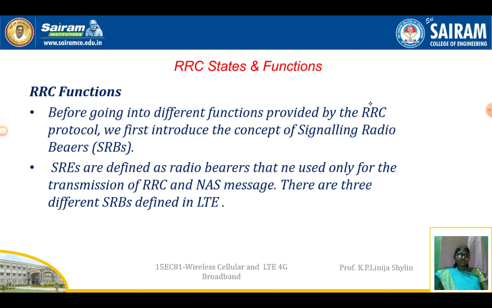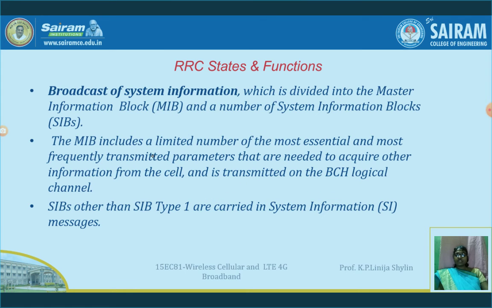Next we will see three functions. First, the broadcast of system information, which is divided into two main blocks: the master information block and the system information block. The master information block keeps only a limited number of essential transmitted parameters, which are needed to gather information from the cell, and these are then transmitted on the broadcast channel.